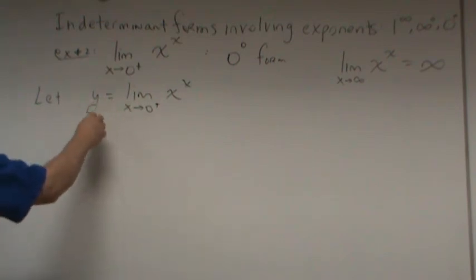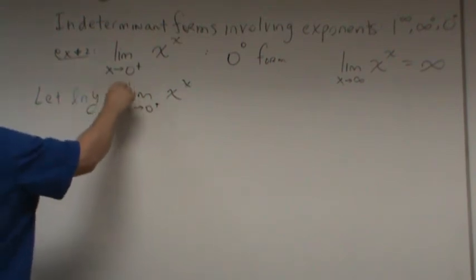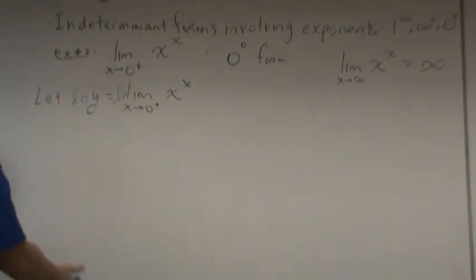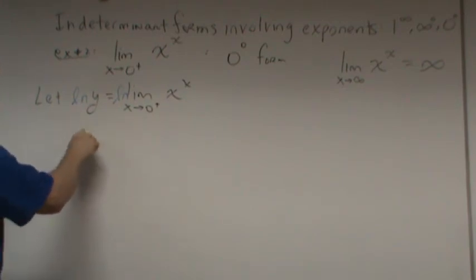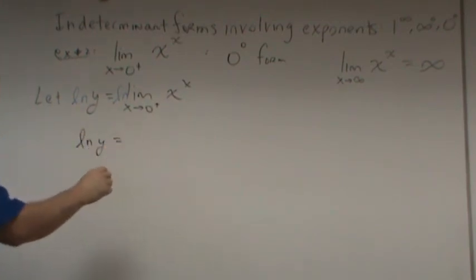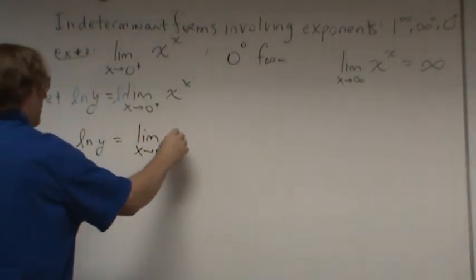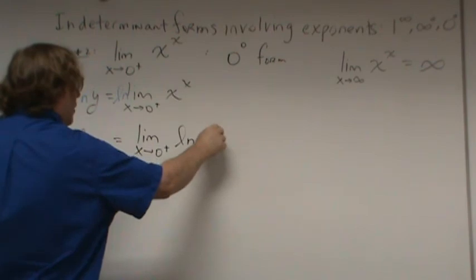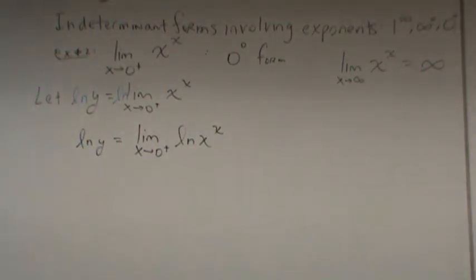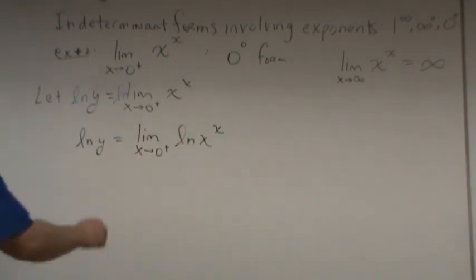Let y equal it, and then take the log natural of both sides of that equation. So the left side becomes the log natural of y, and the right side becomes the limit as x approaches 0 from the positive direction of the log natural of x to the x power. And then I think you know what comes next. That x goes out front.